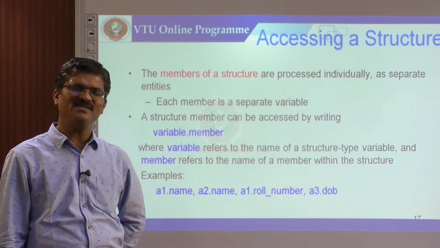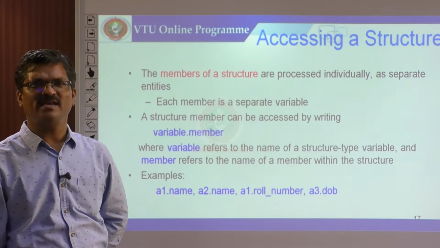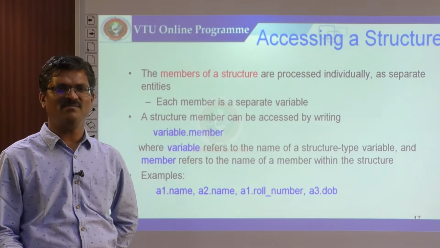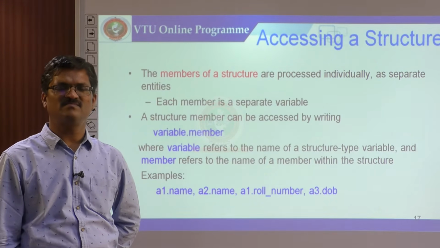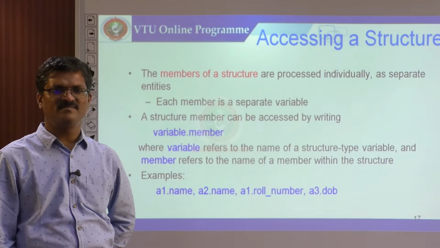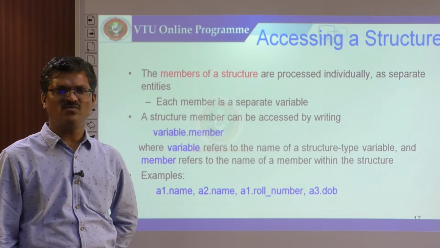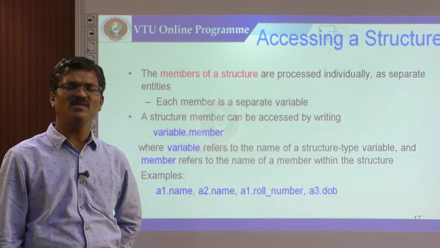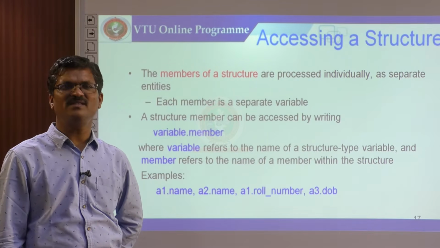The dot operator helps us access any member of a structure. Here the variable refers to a particular structure variable, and the member refers to one element within the structure.